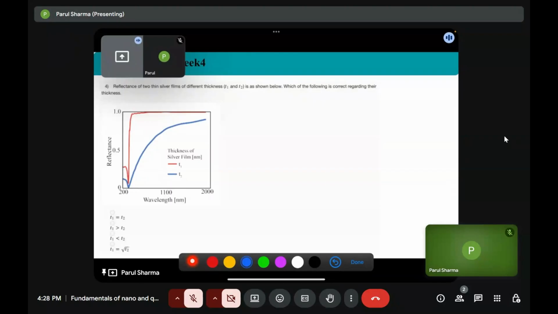The next question: reflectance from two silver films of different thicknesses is shown below. Which of the following is correct regarding the thickness?